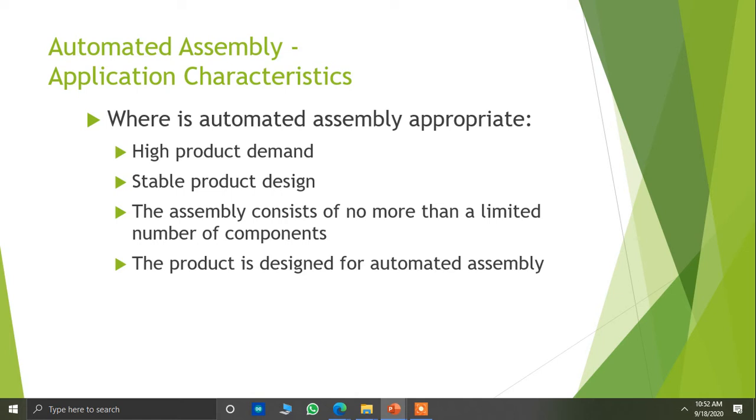Can you name a few products which cannot be automated, but still have a high product demand and stable product design? Can you name certain products which cannot be processed through automation?